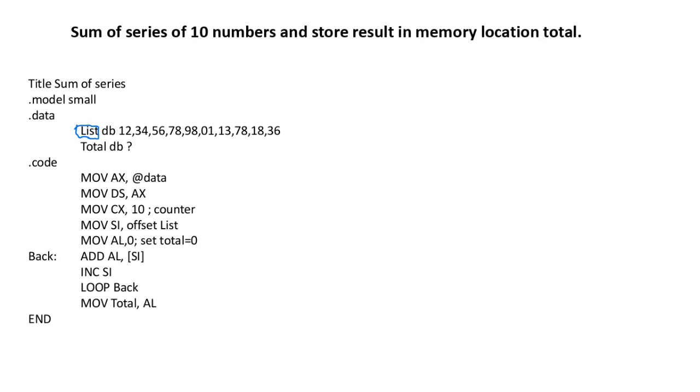We put them in a memory location, as string data, and the variable is list. So in the data segment we put these 10 data in memory with the name list.